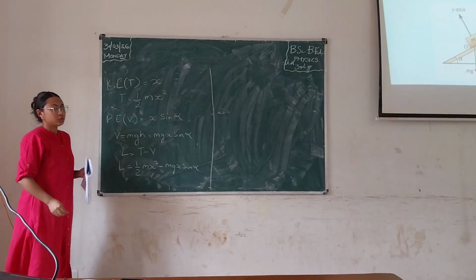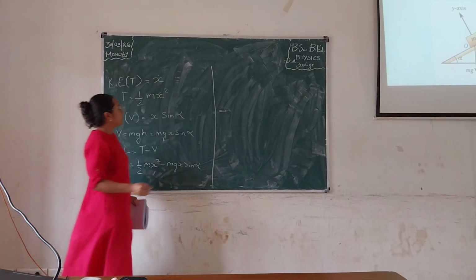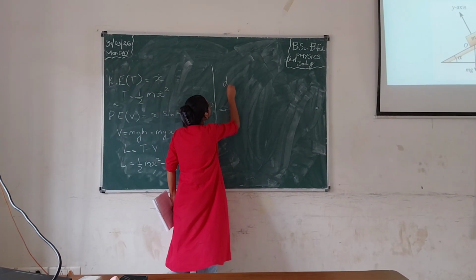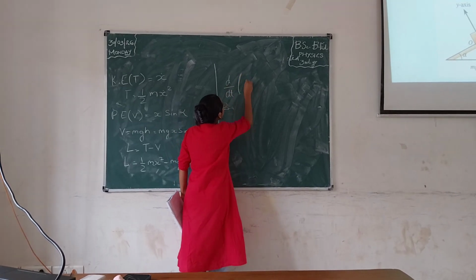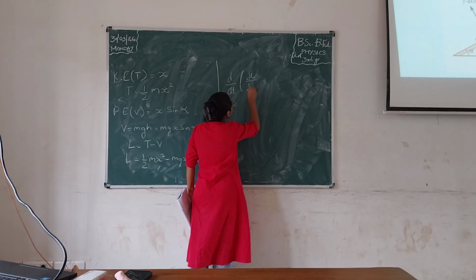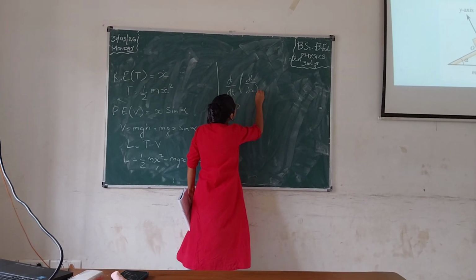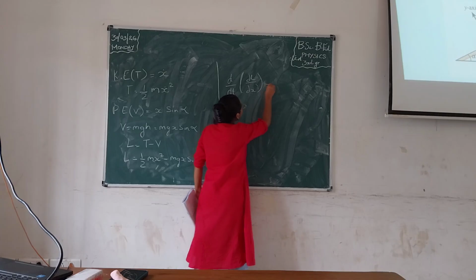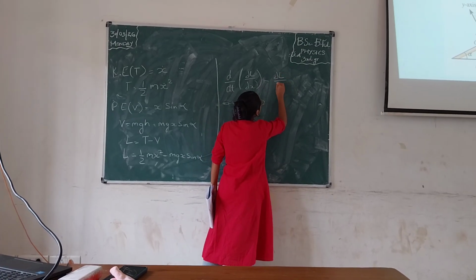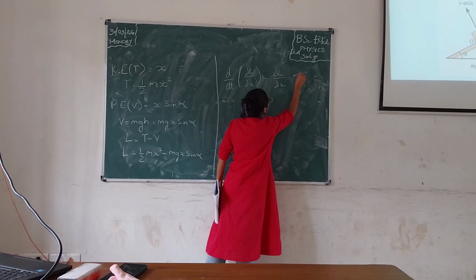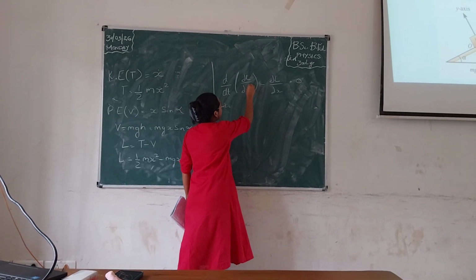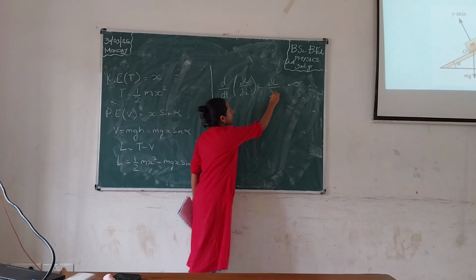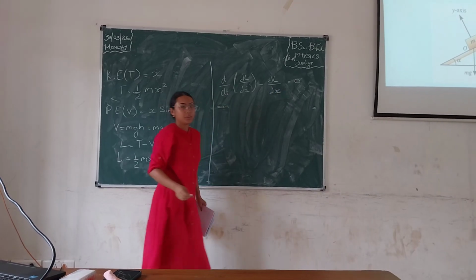So we'll be using the Euler-Lagrange equation, that is d by dt of dou L by dou x dot minus dou L by dou x is equal to 0. Here x dot represents the velocity, and x represents the position.